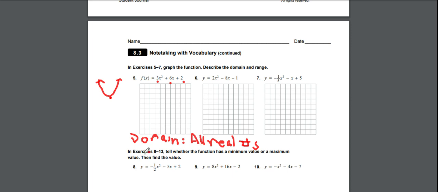So in this case, the range is in terms of y. So this point right here, without going back to Desmos, is at -1, -1. The y coordinate is -1, and then every other point on the graph is higher than that. So the range is y is greater than or equal to -1.